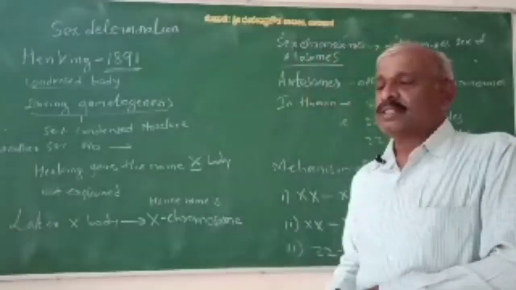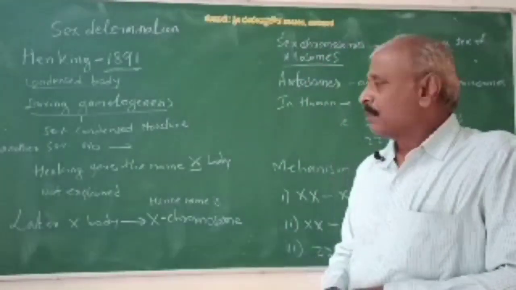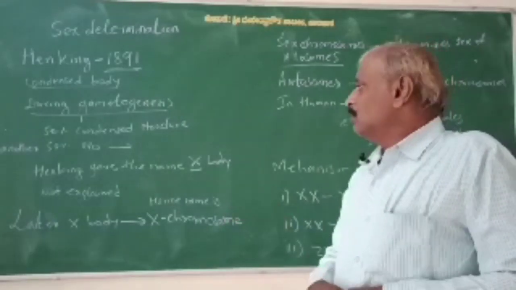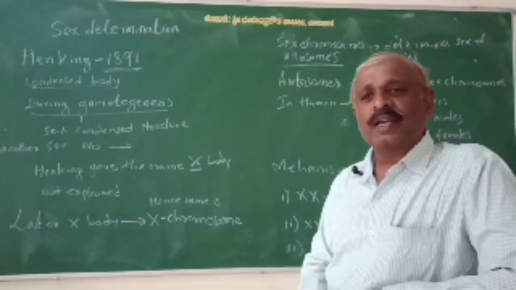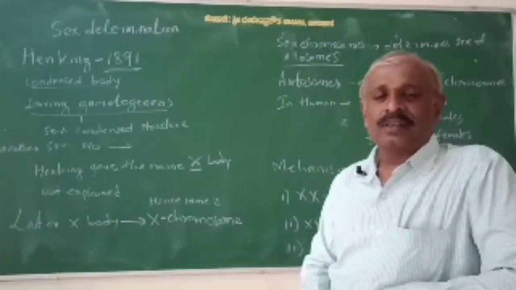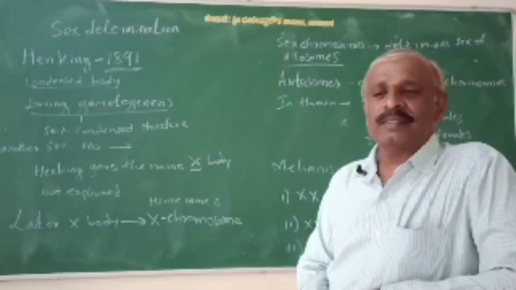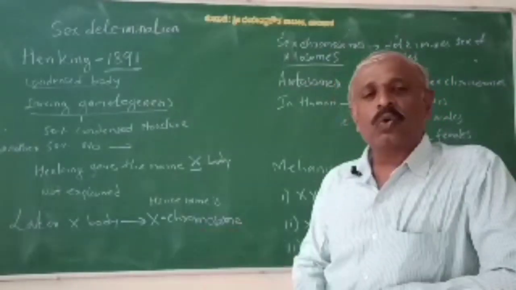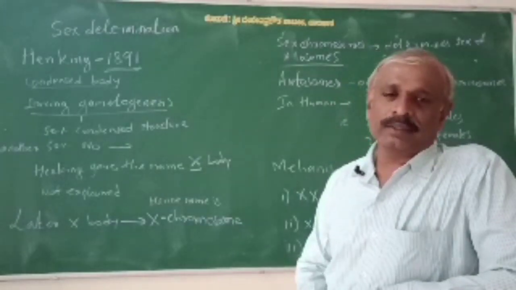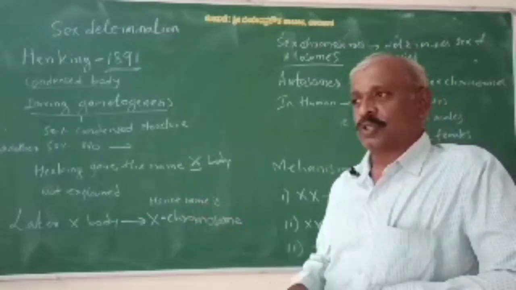But later that X body is considered as an X chromosome. Because of the X body, the name X chromosome comes. So this is the background regarding the X chromosome.